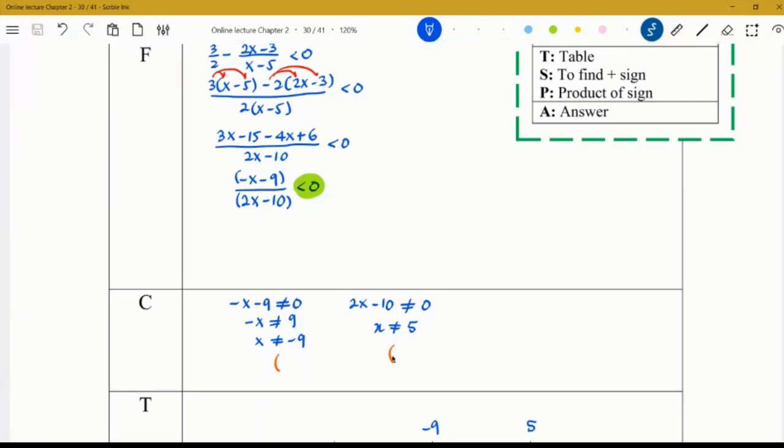So dia akan jadi round bracket lah dekat sini. Equal sign tu miss yang ada garis di bawah tu? Yes, betul. Kalau saya letak fx over gx, fx boleh equal to 0, gx tak boleh equal to 0.